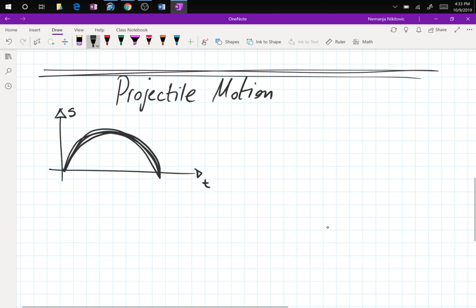So now, I am going to say that s of t is equal to negative one half g t squared plus v0 t plus y0. This is the function that calculates the position of the object under this kind of motion.